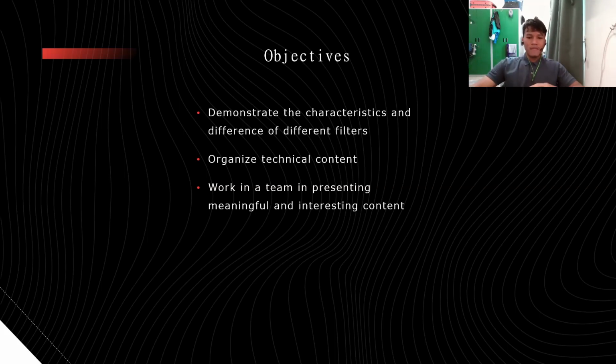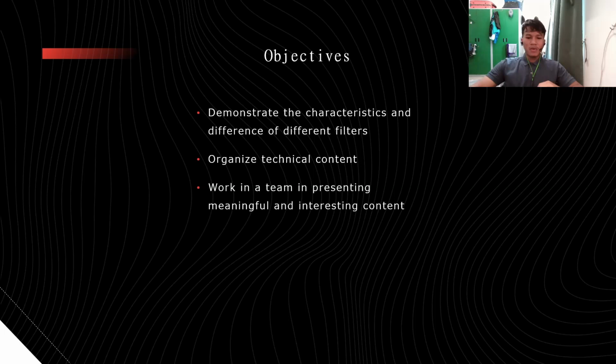So moving on to our last slide, which is objective. First, we aim to demonstrate the difference in characteristics between the different filters which we chose, which is Hamming and rectangular windows, explaining their unique properties and trade-offs. Second, we will organize the technical content step by step to show how these filters are designed and analyzed using MATLAB.